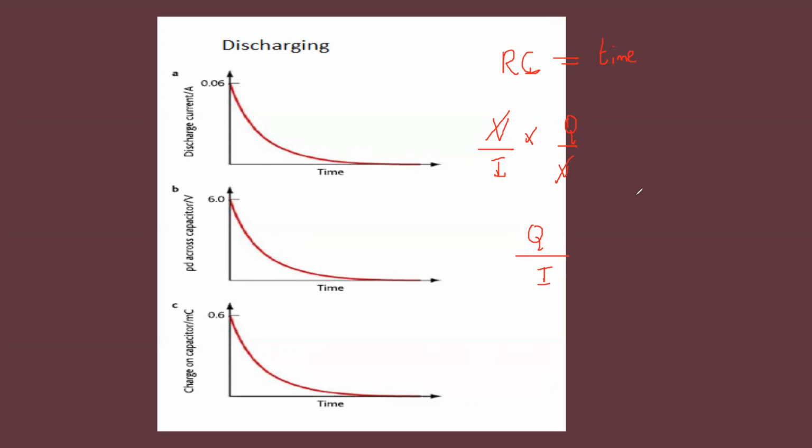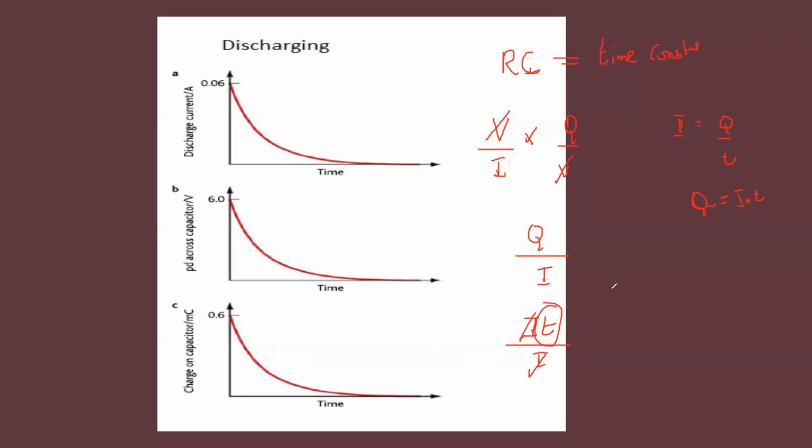If you remember the formula for current, current is charge divided by time. So charge equals current multiplied by time. So in place of charge, if I write current times time, the current will cancel with current, and what are you left with? You're left with time. What is the significance of this time? This is called the time constant. But what is the meaning of this time constant?